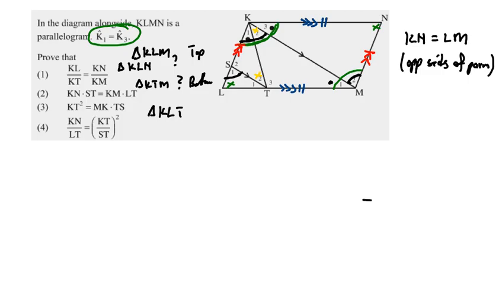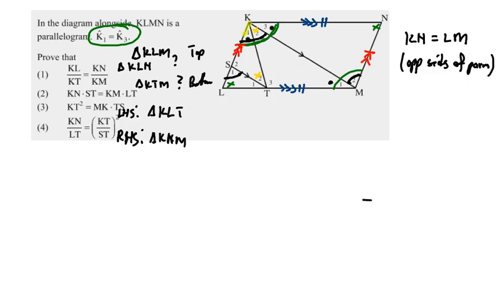Now I'm going to try left. Left hand side gives me triangle KLT. Now what does the right hand side give me? The right hand side gives me triangle KNM. Now let's quickly highlight these triangles and see if we have some money there.